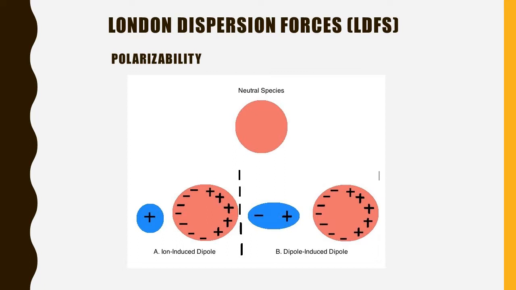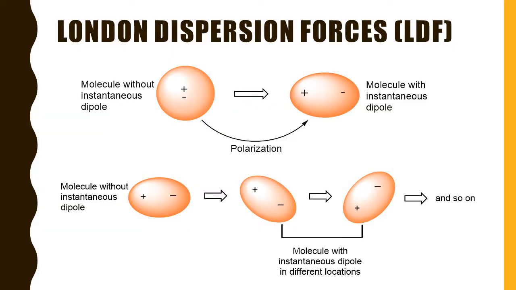A larger electron cloud is easier to distort, and the instantaneous or induced dipoles are easier to form. Therefore, atoms and molecules with large electron clouds experience stronger London forces than those with small electron clouds. The stronger the London forces, the higher the melting and boiling point of a substance.